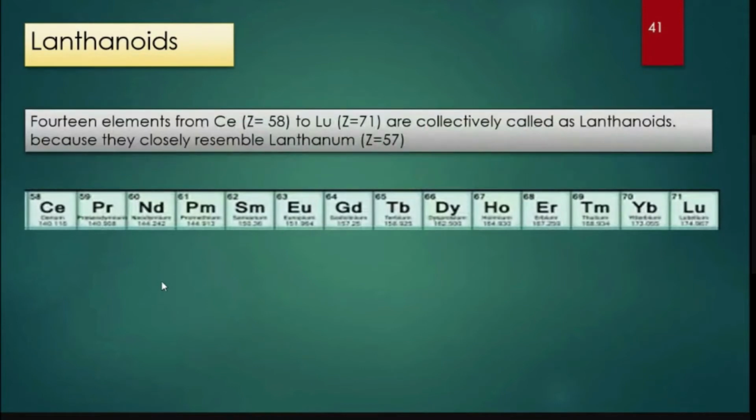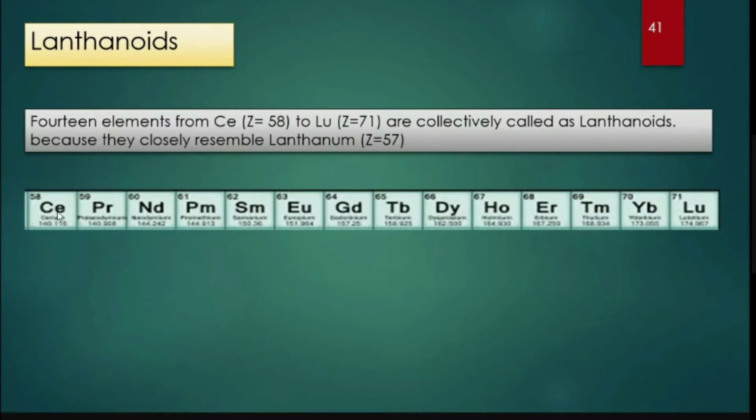Let's take up the first topic, lanthanoids. What are lanthanoids? The 14 elements starting from cerium and ending with lutetium are collectively called lanthanoids because they closely resemble lanthanum. So their physical and chemical properties closely resemble lanthanum. Hence they are called lanthanoids.